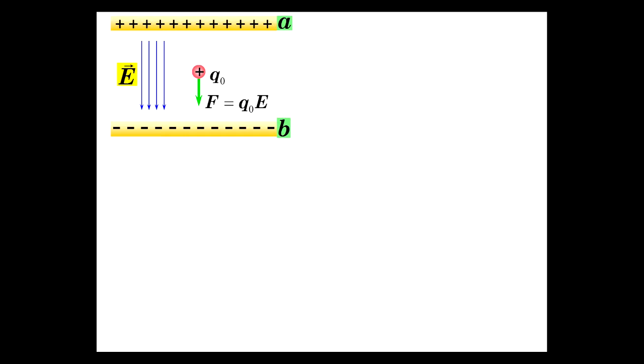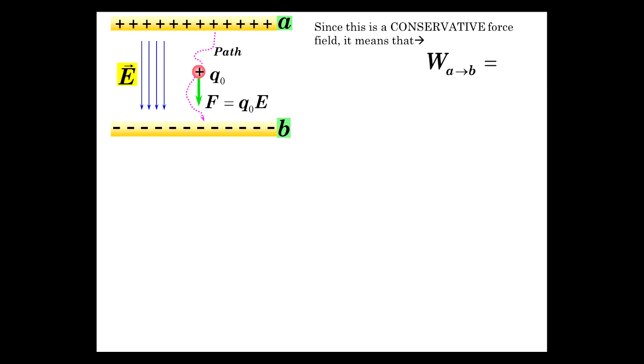Well, the electric field puts a force in the direction of positive to negative. So in the direction of the electric field, it's the direction of force on a positive charge, and it's given by charge times electric field. That's the force. So here's the path that we're going to allow the charge to move along.